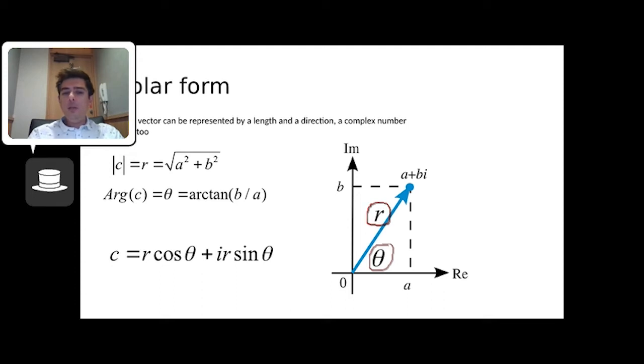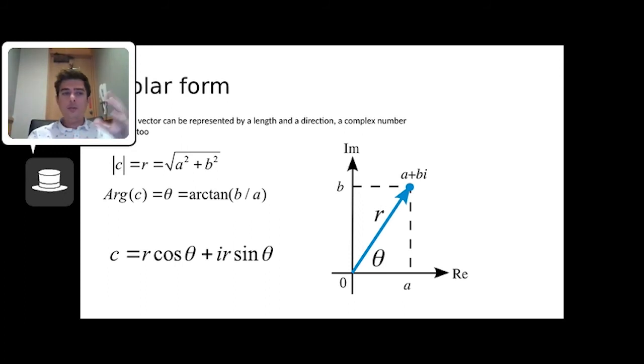And we could equally represent the complex number in terms of this r and theta. So the a and the b can specify our complex number, and equally well the r and the theta can also specify the complex number. So how do we relate the two?